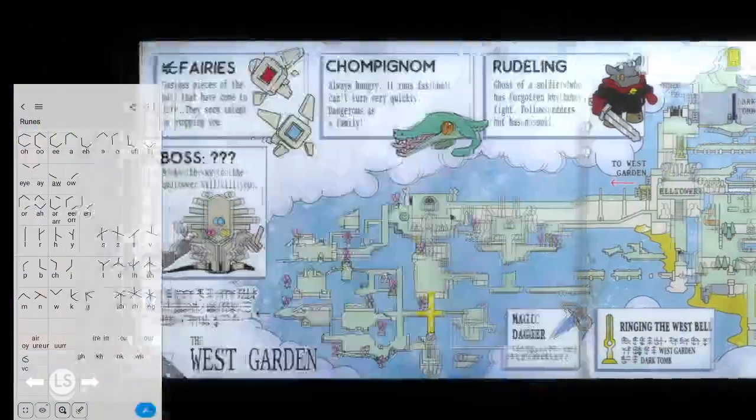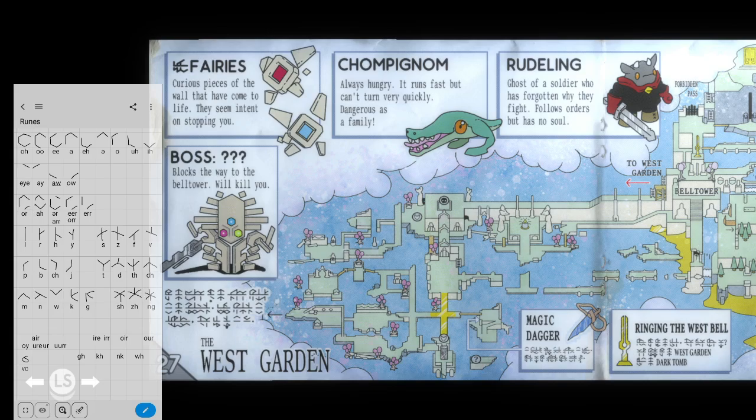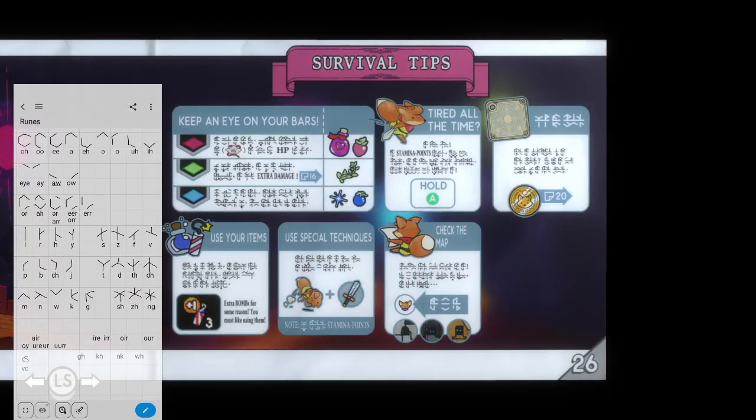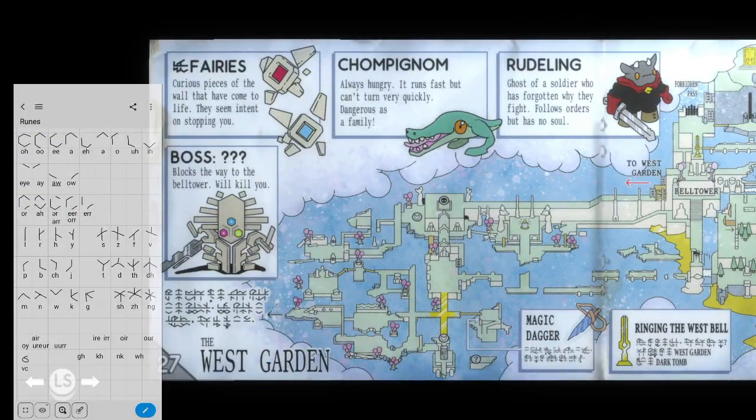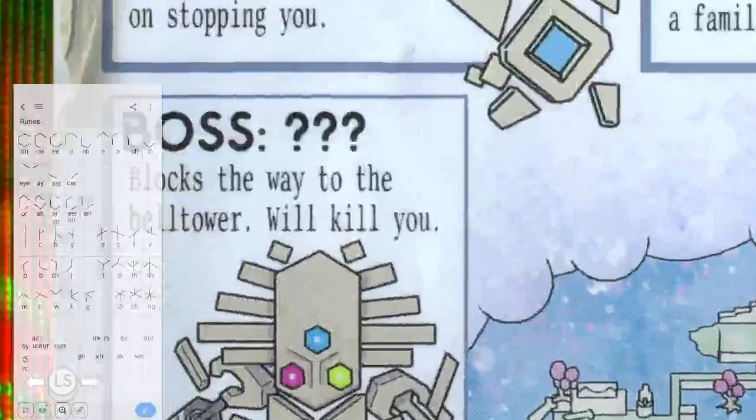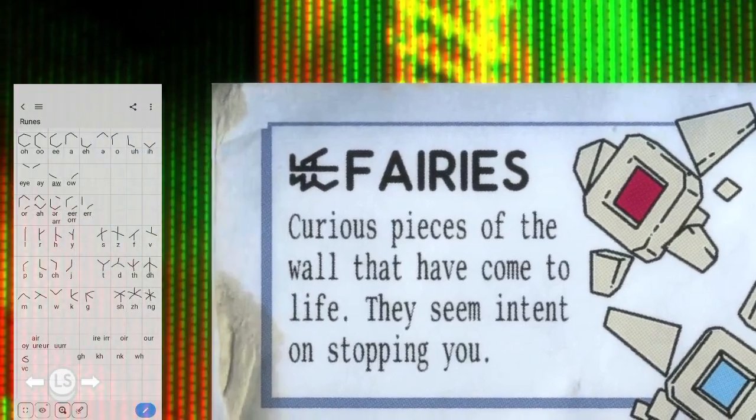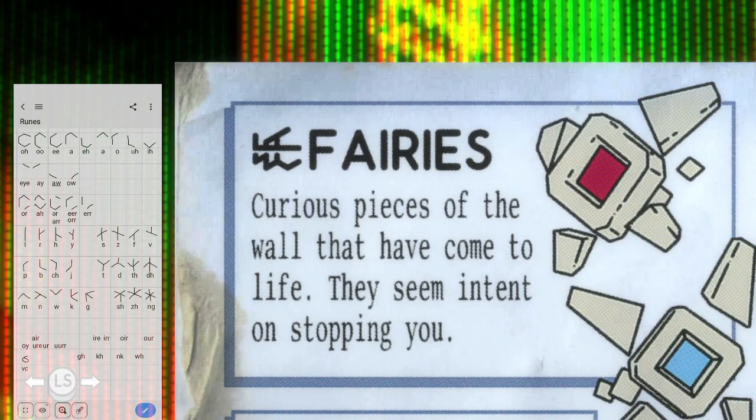We know about that technique, but we don't know any others for now. We know about the parry, and the roll and stab, but we don't know about other techniques yet. Something varies. I sort of want to know what this says. Oh, that just says fairy, doesn't it? Fairy. Fairies.